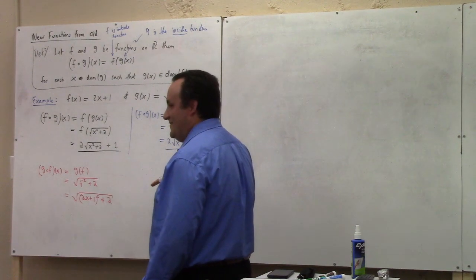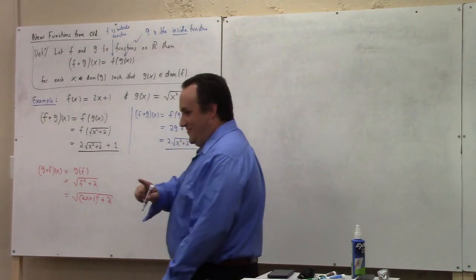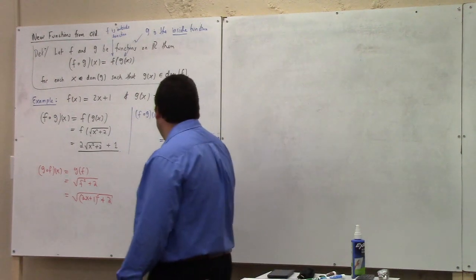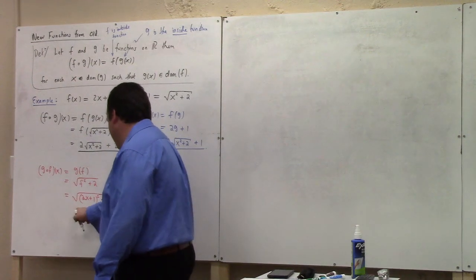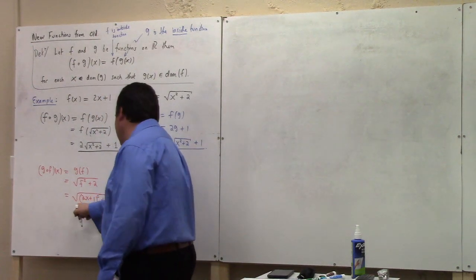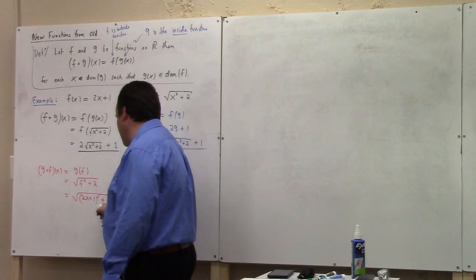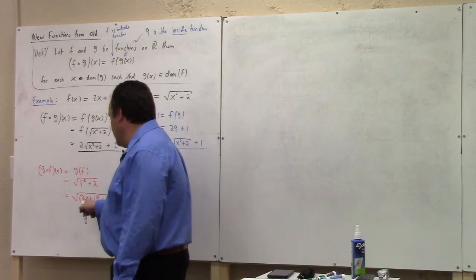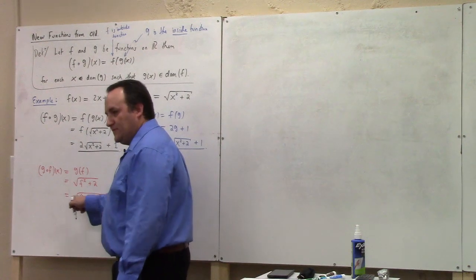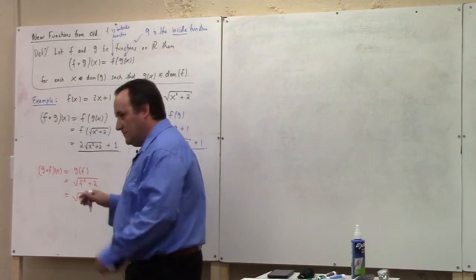They're not equal. There's no algebraic simplification of this. If you're thinking that this can be simplified to like 2x plus 1 plus the square root of 2, no. This cannot happen. The square root of a sum is not the sum of the square roots.